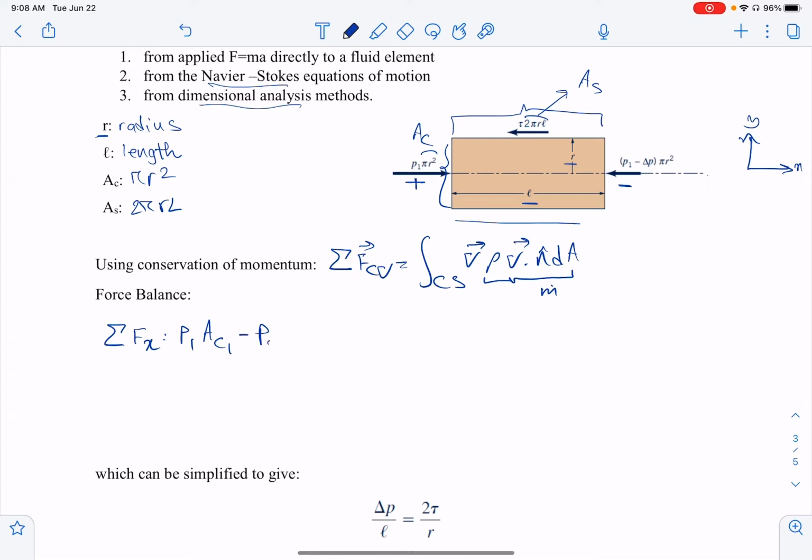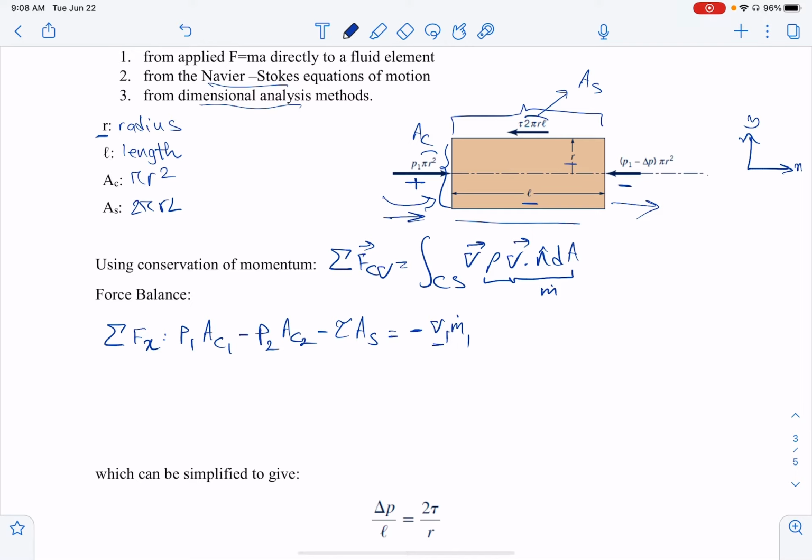So this is going to be P2 times AC2, and then also we are going to have shear stress, tau, times AS, and then the flow is coming in and going out. Also the V here, the direction is in this one. So we have the minus sign for m dot, right?